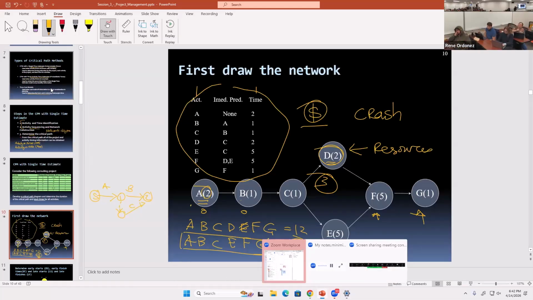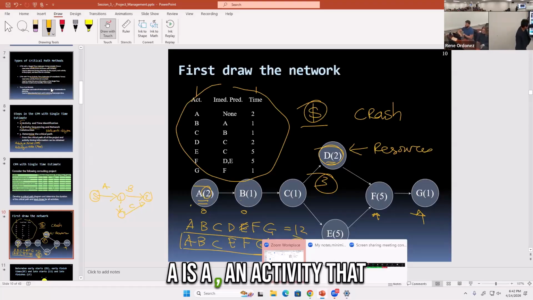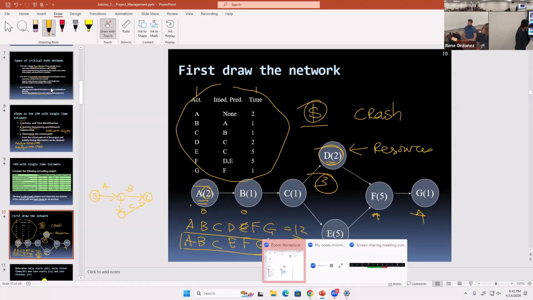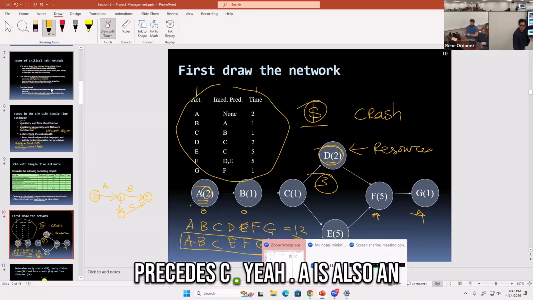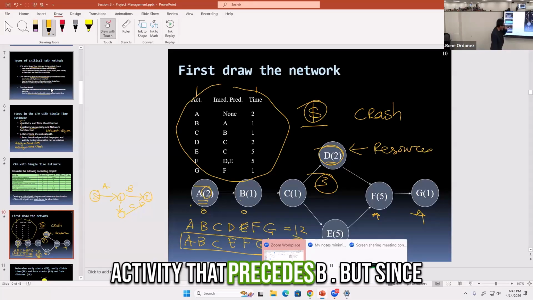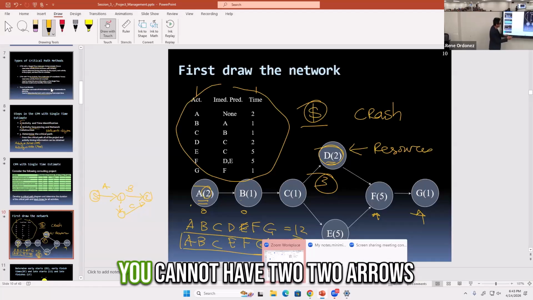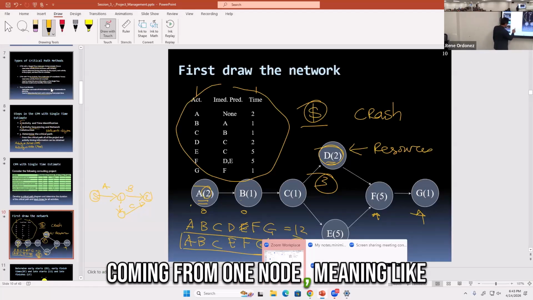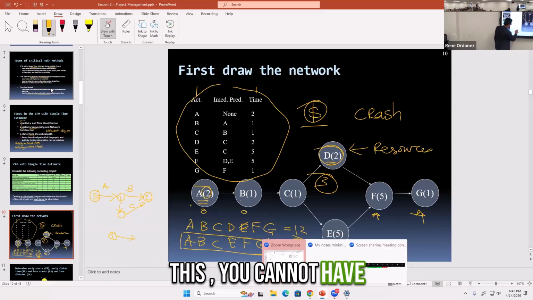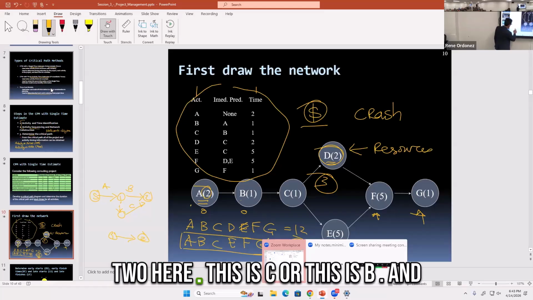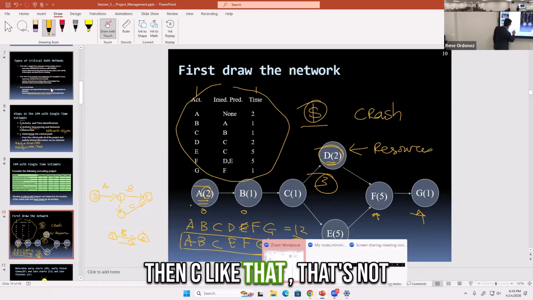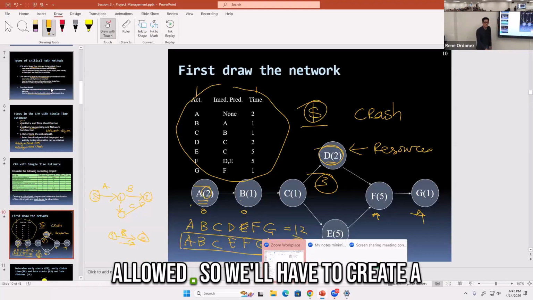Meaning A is an activity that precedes C. A is also an activity that precedes B. But since you cannot have two arrows coming from one node, that's not allowed.